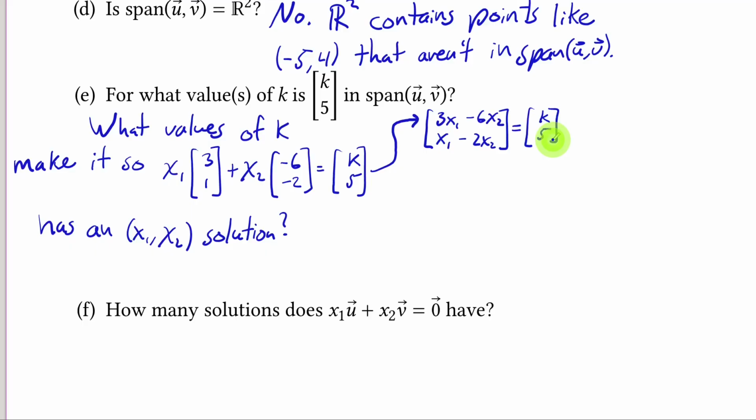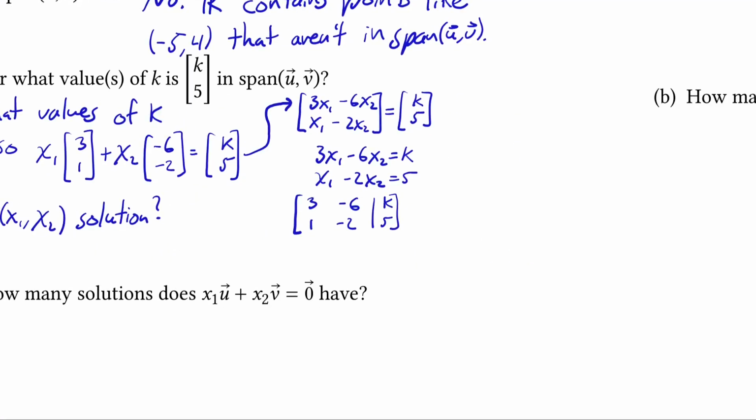And as we saw before, these two vectors being equal is equivalent to the system of equations 3x1 minus 6x2 equals k as the first equation, and then x1 minus 2x2 equals 5. And that system of equations we know we can write as an augmented matrix.